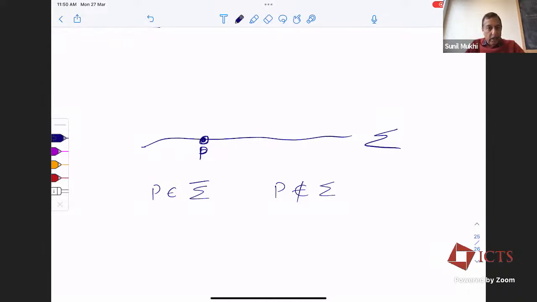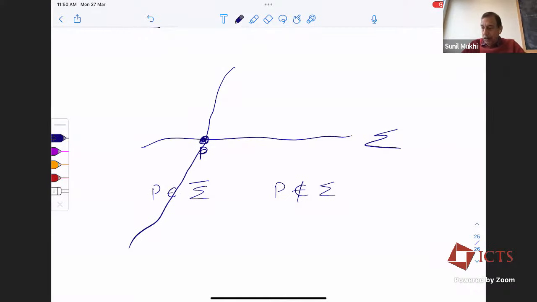Now he says, consider an inextendable time-like path going through P. But now P is not in the Cauchy surface, so this time-like path has to intersect the Cauchy surface somewhere else, by definition of Cauchy surface.